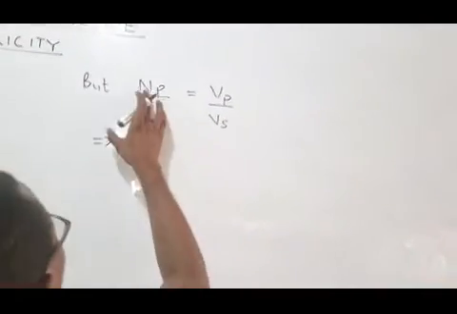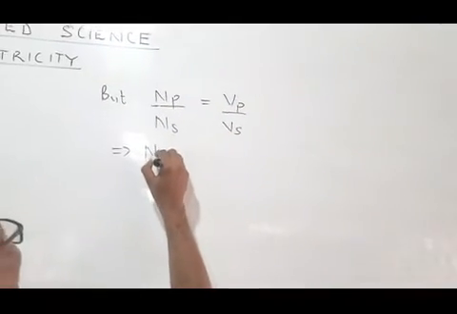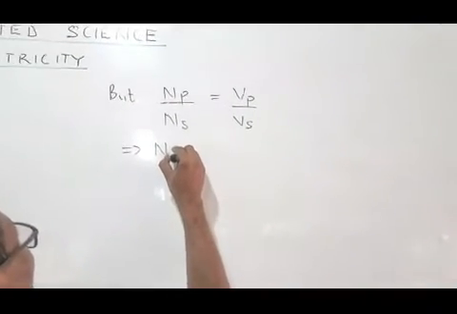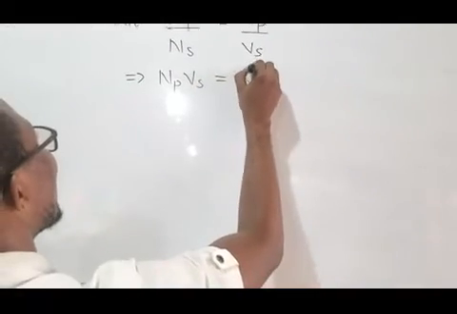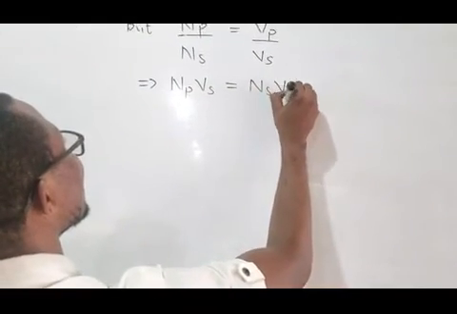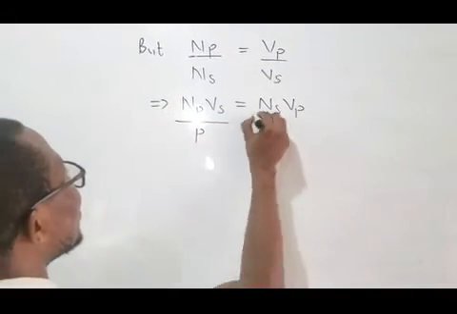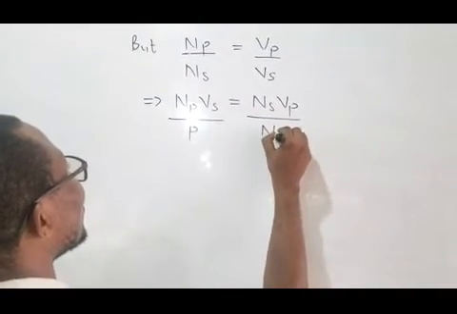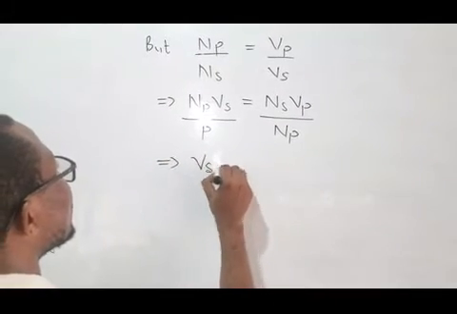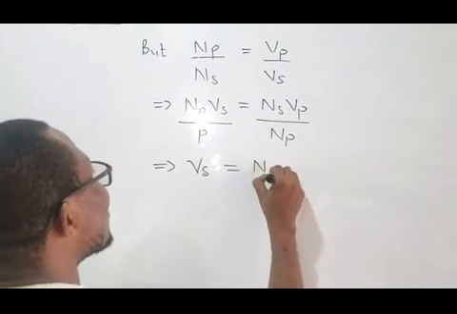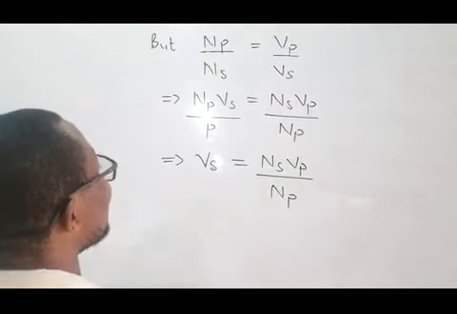If you cross multiply, you have Np Vs is equal to Ns Vp. We are looking for Vs, so we now divide both sides by Np. This will cancel out. So you have Vs equal to Ns Vp over Np.